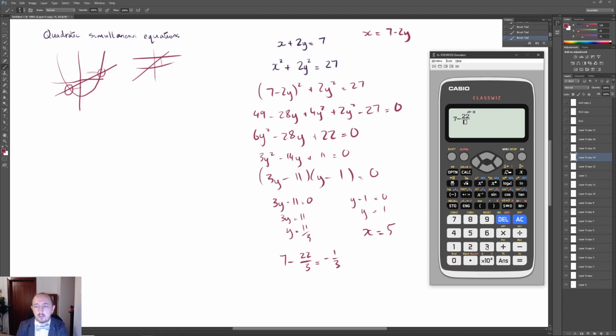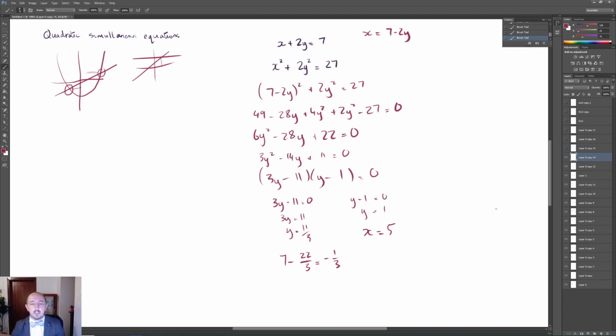Yeah. So our final coordinates that we have are x equals minus a third and y was 11 thirds. And our second intersection point is x equals 5 and y equals 1.